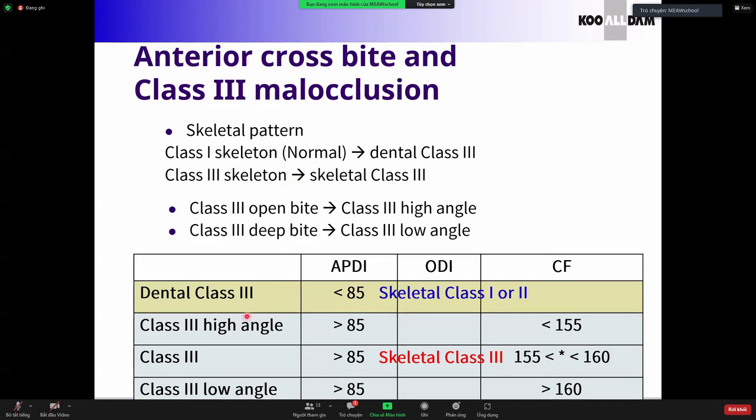And we should divide class 3 into high angle and low angle. Class 3 open bite is closely related with class 3 high angle cases, and class 3 deep bite is closely related with class 3 low angle cases.